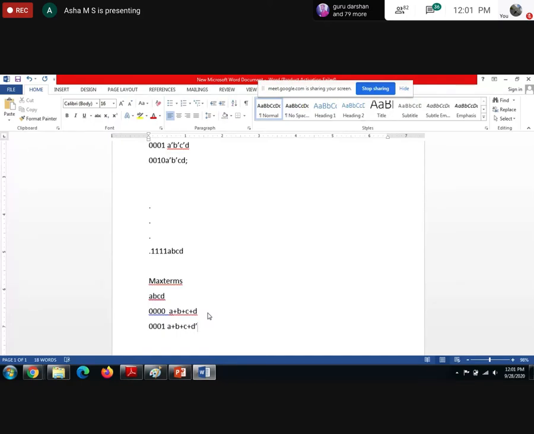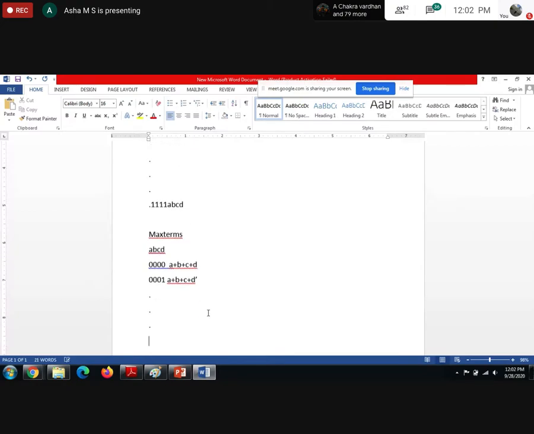So when you are going to find the POS, wherever one is there, for the corresponding variable, place the complement. Wherever 0 is there, for the corresponding variable, write as it is. There we have used the AND gate, meaning product, so we used dot. Here we are going to find the sum using the OR gate, so that is represented by the plus symbol.